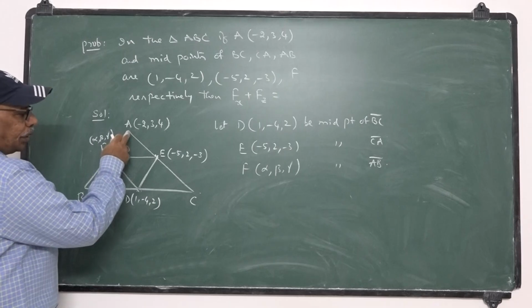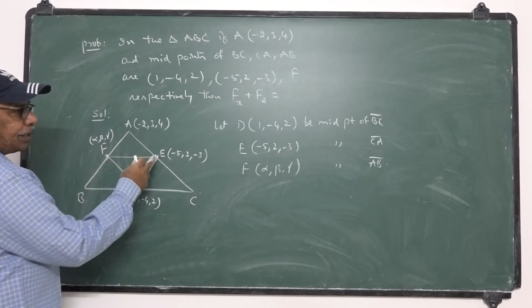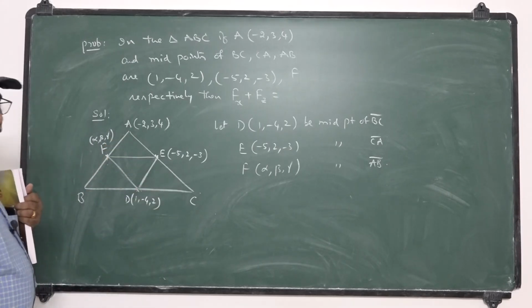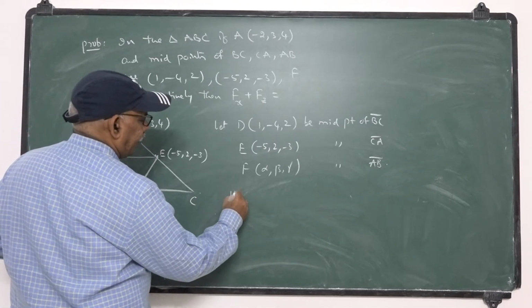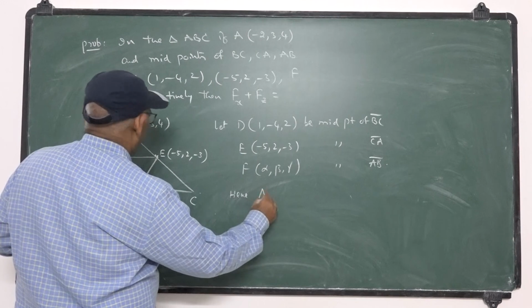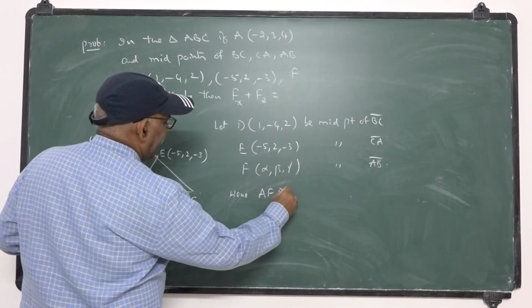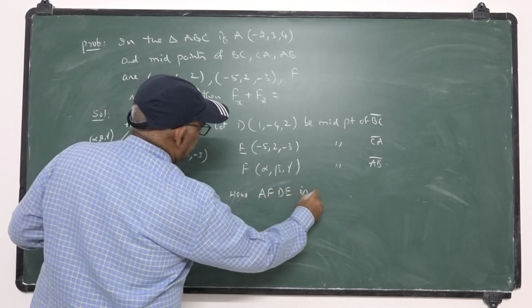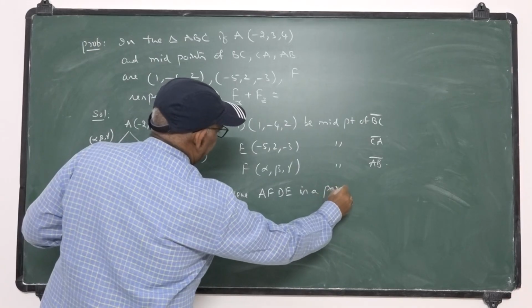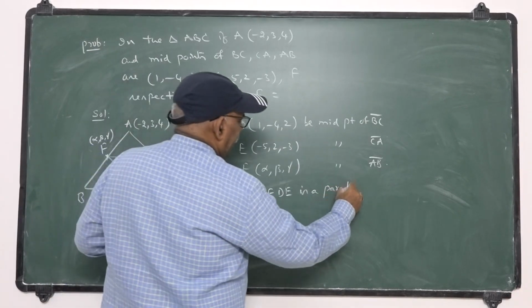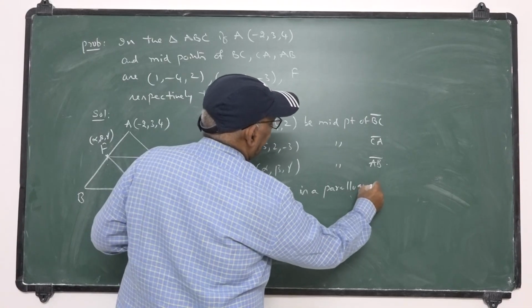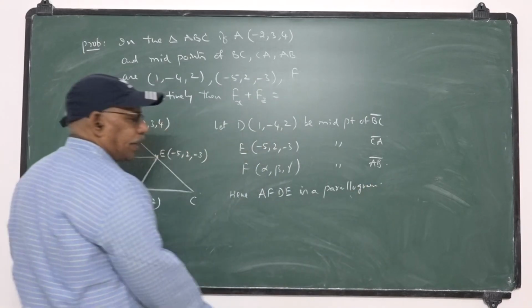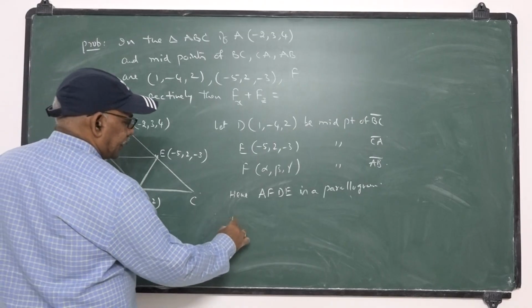So, A, F, D, E forms a parallelogram. Here, AFDE is a parallelogram.